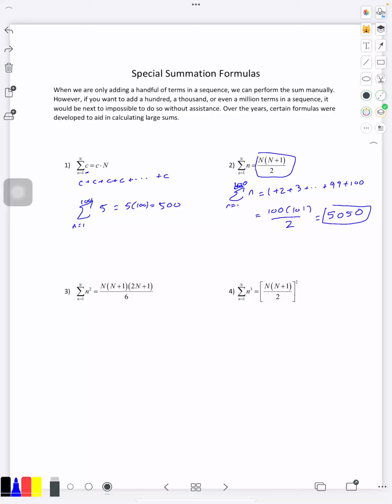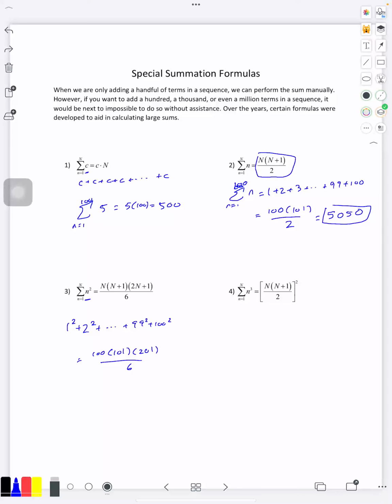On the other hand, if you want to add up the squares of numbers, let's say 1 squared plus 2 squared all the way up to 100 squared, again you could use this formula. It'd be 100 times 101 times 201 over 6, and you can work that out to get your final answer.